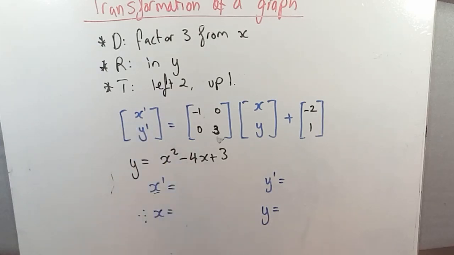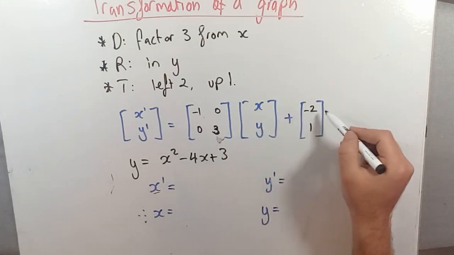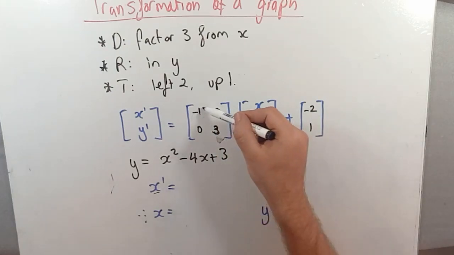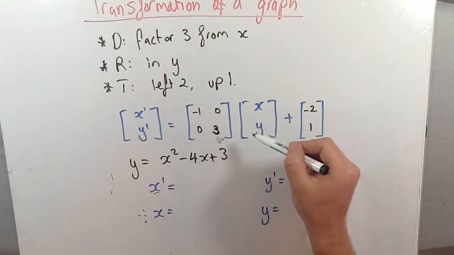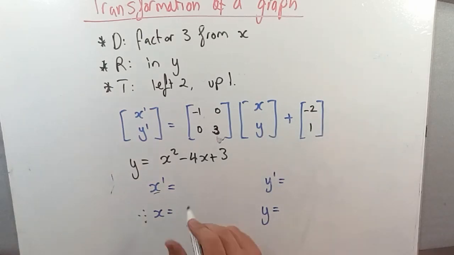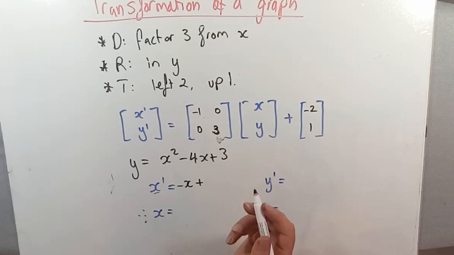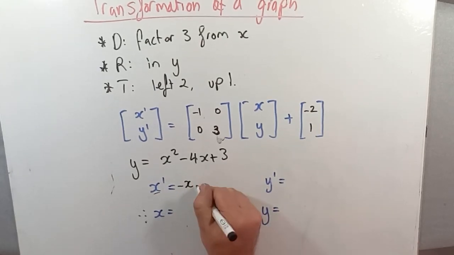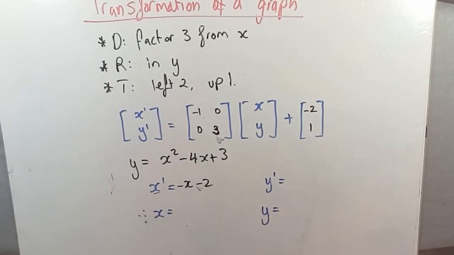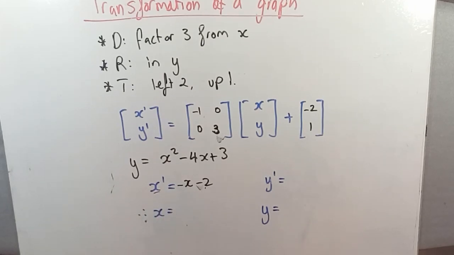My x image is going to be when I multiply these bits together. So I get -x plus 0y minus 2. Well, I don't need to put the 0y in there, so let's just do that. And then I rearrange for x here.